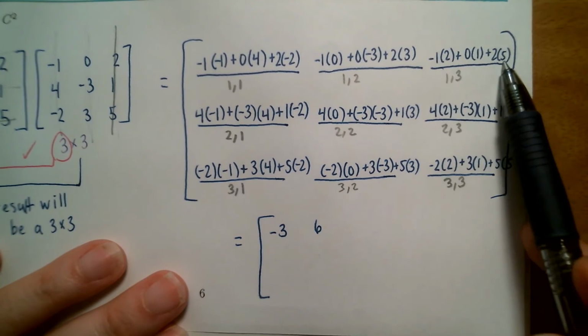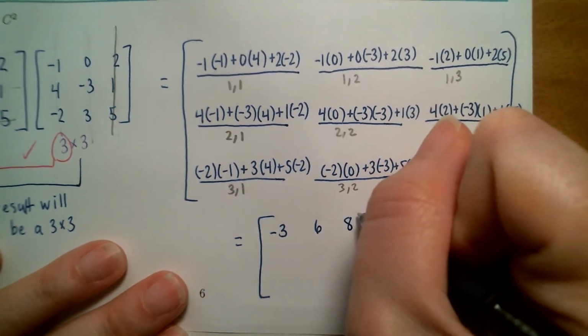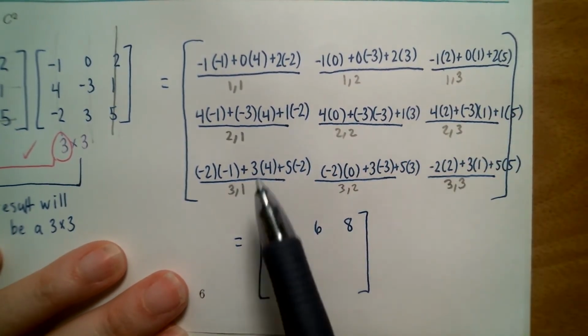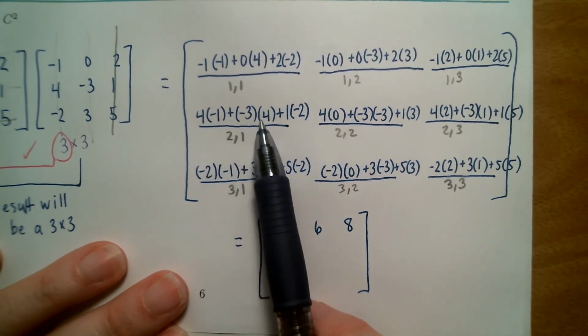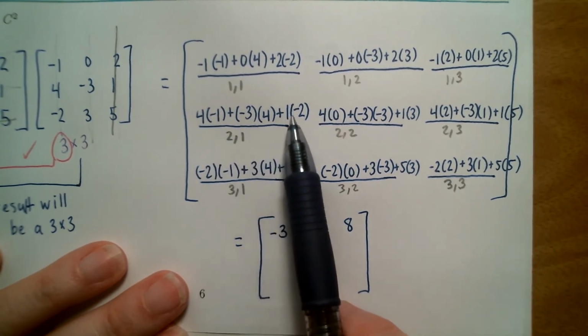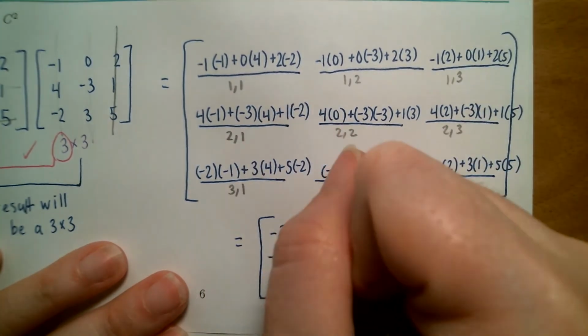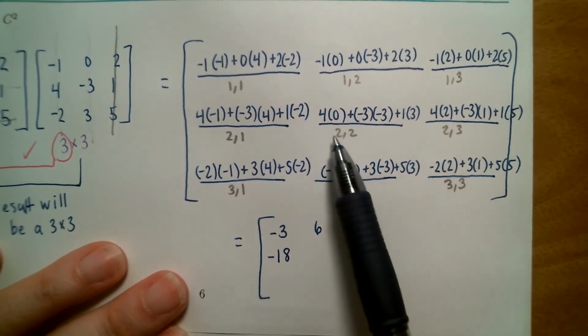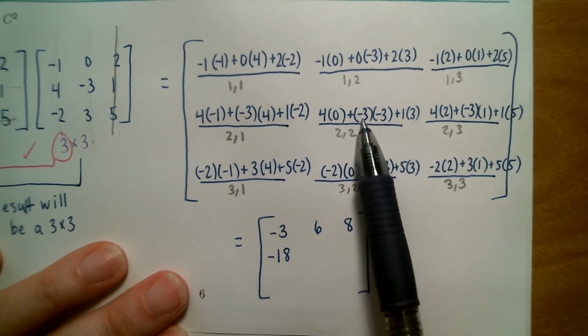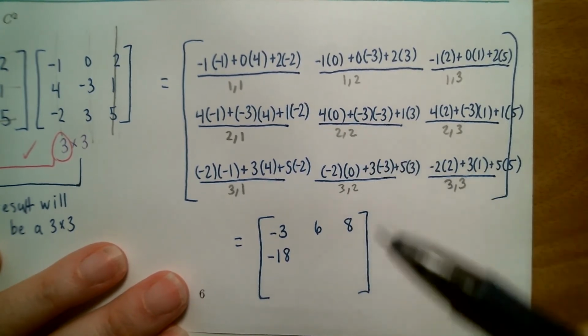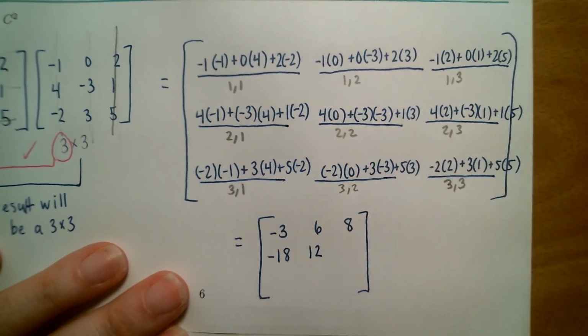So negative 2 plus 10 is going to give us a positive 8. All right, second row, first column, negative 4 minus 12 is negative 16. Minus 2 is going to give us negative 18. 0 plus positive 9, negative 3 times negative 3 is positive 9. Plus 3 is going to give us 12 in the middle.